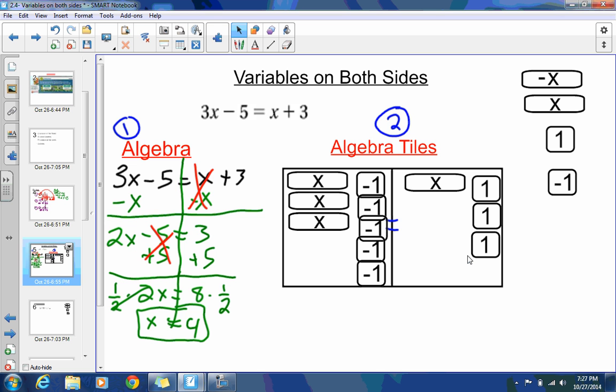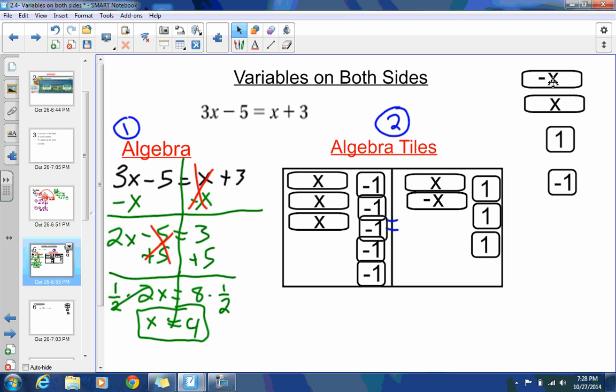We got to figure out what 1x is equal to. So we got to get rid of the x's on one side. And to get rid of the x's over here, let's say, we got to subtract x from both sides. So let's subtract an x here.